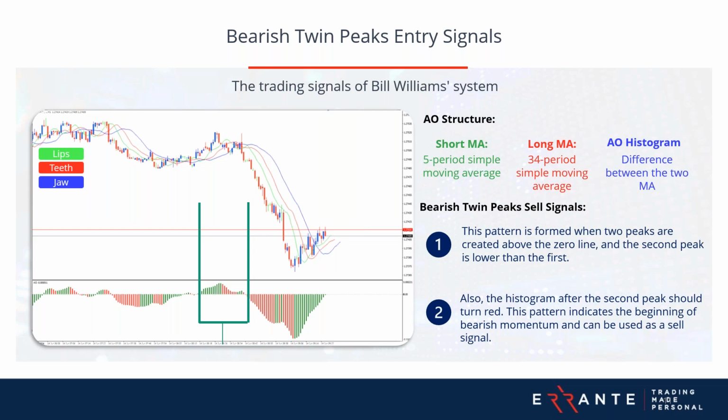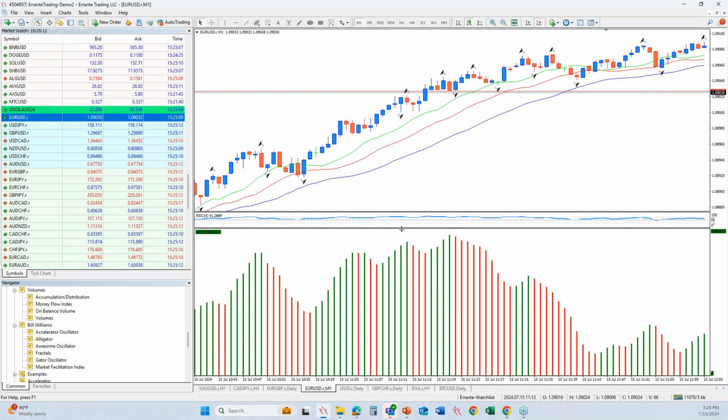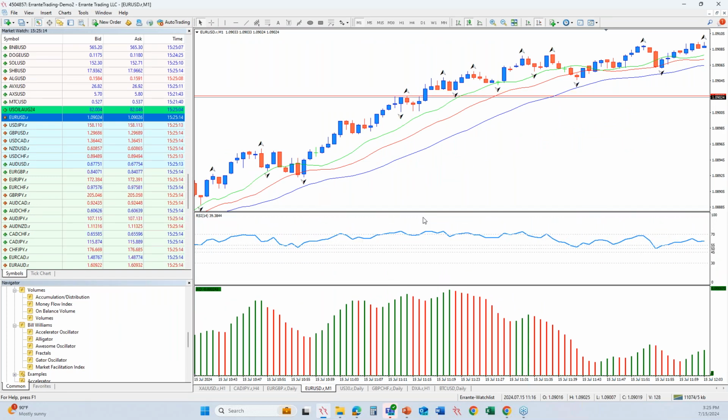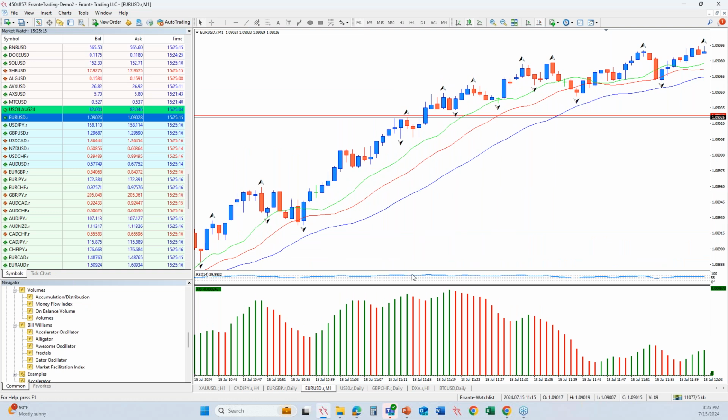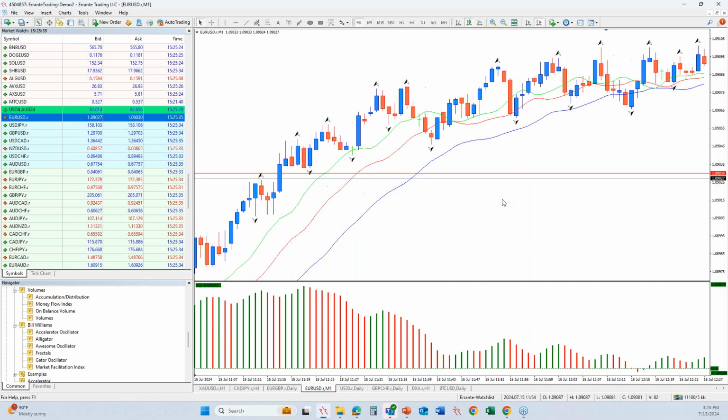What we mean by this, if you, for example, take a look here, it's really important to have the price confirm all of these signals generated by not only the AO, but also any other trading indicator.